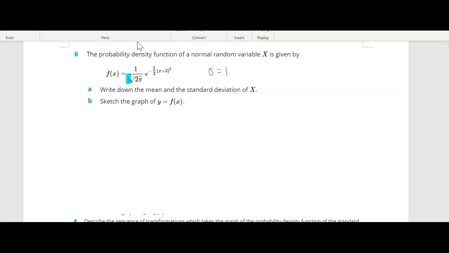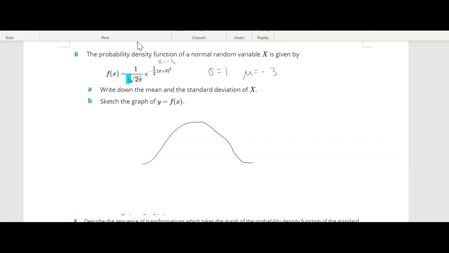And then with your bracket here, we've actually got x minus negative 3. So your mean is equal to negative 3. All right, so write down the mean and standard deviation of x. So we've just done that. When you're sketching your graph, because it's a normal distribution, we can just go ahead and draw a curve.